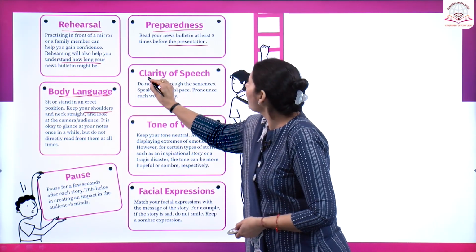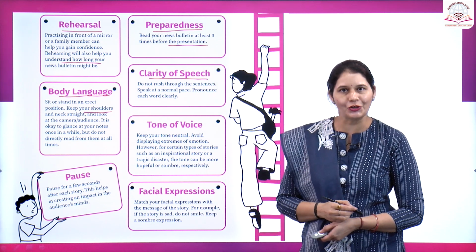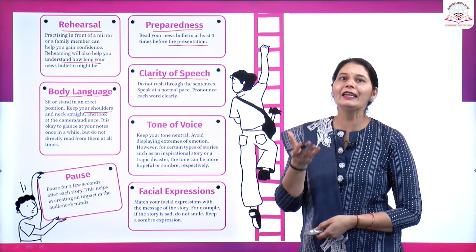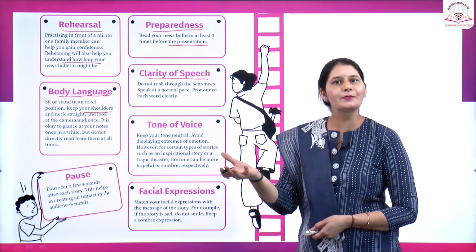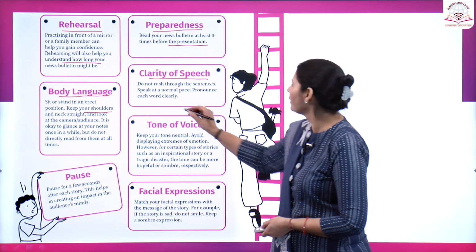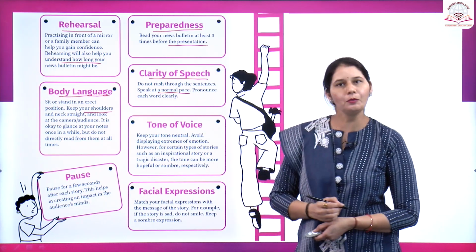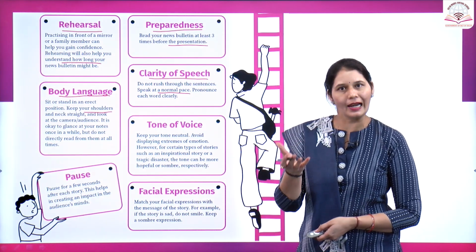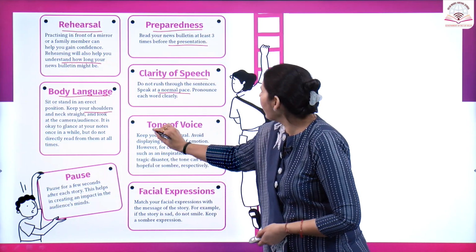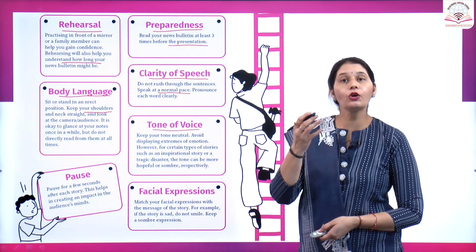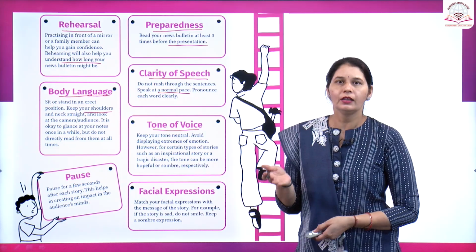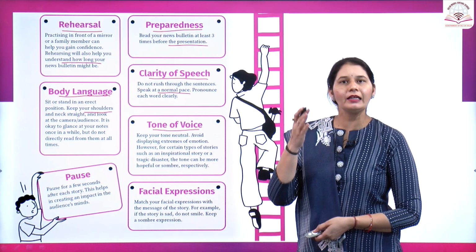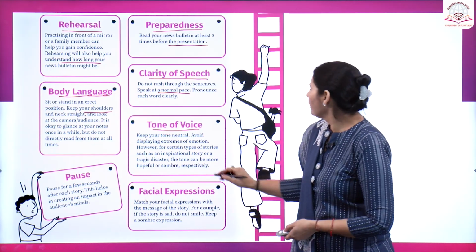Now the next point is clarity of speech. Do not rush through the sentences and maintain proper pauses and spacing while you are speaking. Speak at a normal pace and also pronounce each word with clarity. Then next is tone of voice, that your tone should be neutral. The news presenters, as you must have seen, maintain a neutral tone.